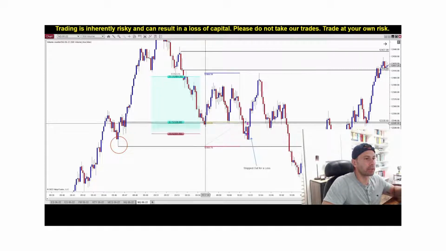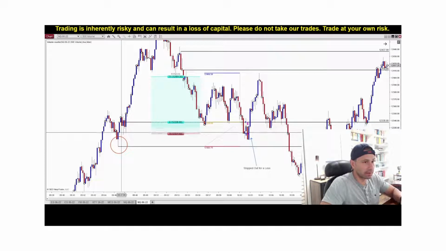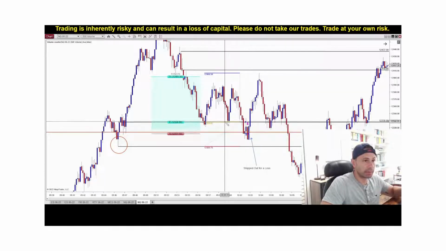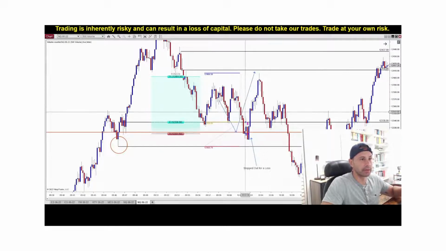So I decided, okay, I'm gonna pass for this, and if it goes back down to this line and touches this candle here, then I'm gonna put my order here in the black line, right? So my intention was, all right, this is my plan. Come back down, and it goes back up to my target, right?